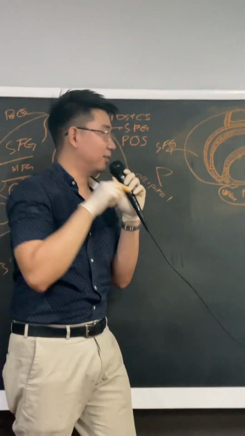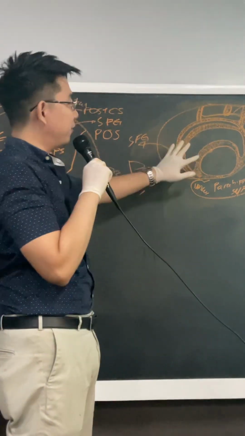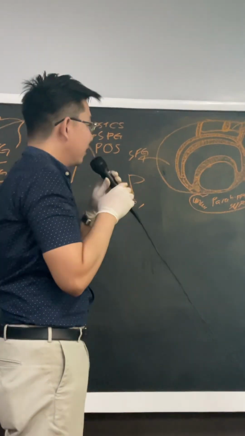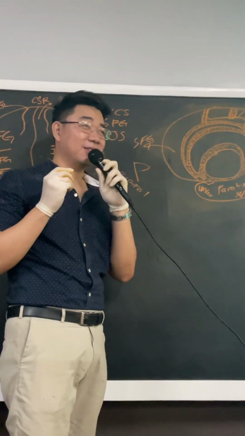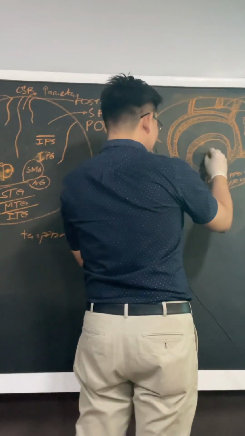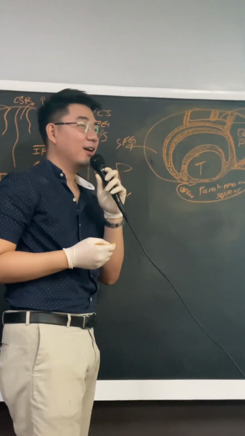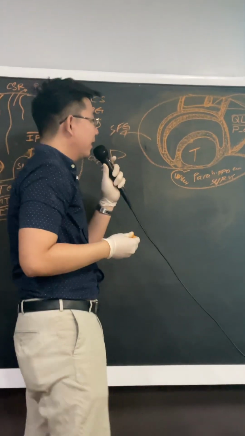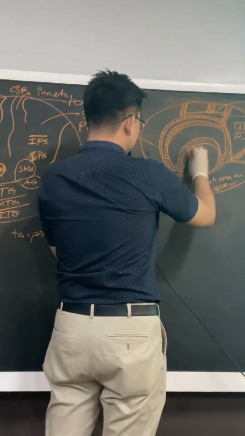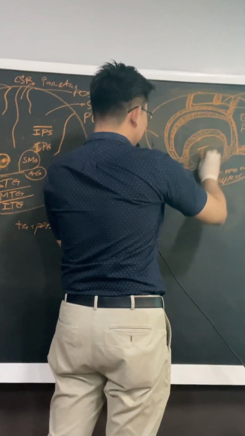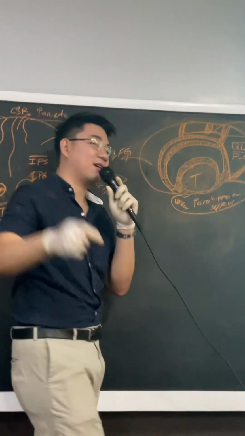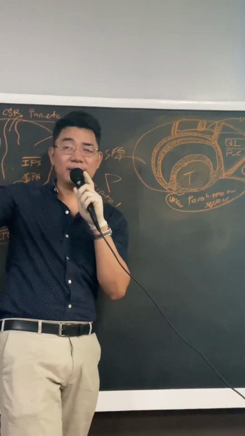Now let's identify the one in the middle. Do you remember the thalamus that you mentioned before? This is the thalamus. And in between this, there's a very thin sheet-like material covering the thalamus in some of the specimens that you have.